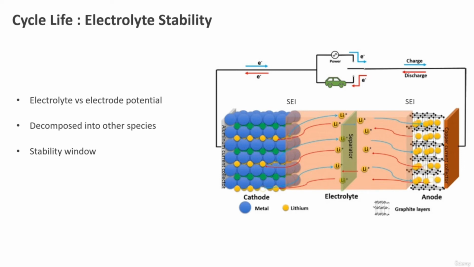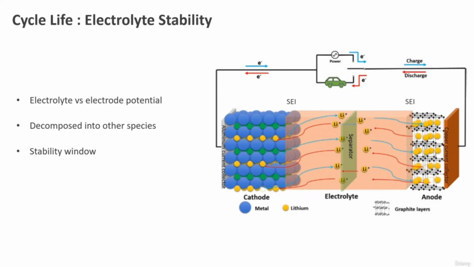For the large voltage of lithium-ion batteries, stable organic electrolytes have been developed. By mapping the electrolyte stability window on the potentials of the electrodes, we can determine which electrodes fall within the electrolyte stability window.